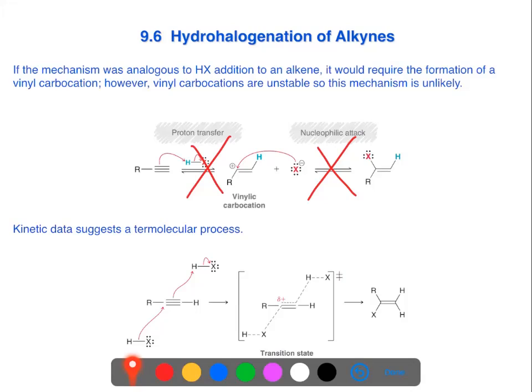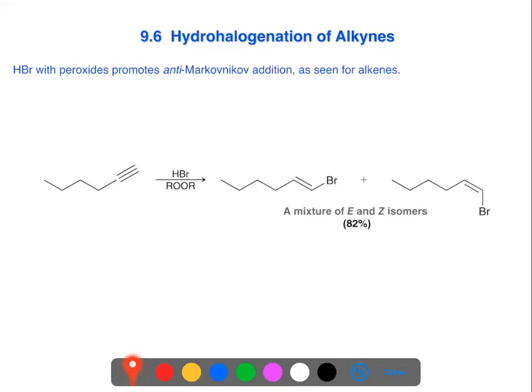One carbon, the carbon that is more highly substituted, is interacting with the incoming halogen, and the other carbon of the alkyne, which is unsubstituted, is going to be eventually protonated or take on that hydrogen from a second equivalent of the hydrogen halide. So this termolecular process is very uncommon, but is strongly supported from kinetic studies.